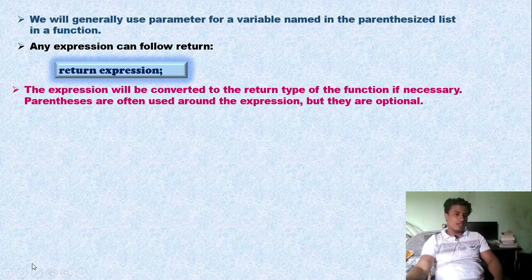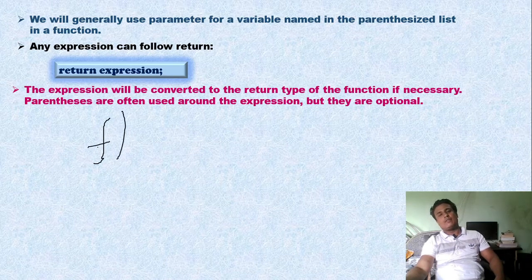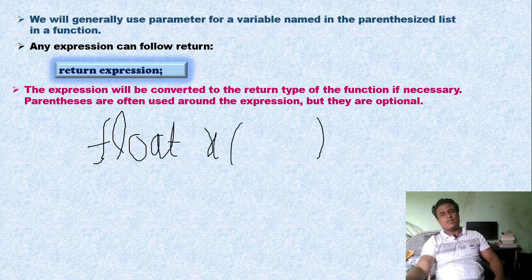So what does this point say? You might have understood it, but let's not take any risks. Some people might not have understood this. Suppose we have a function with a float return type, some function xyz with an argument list a, b.